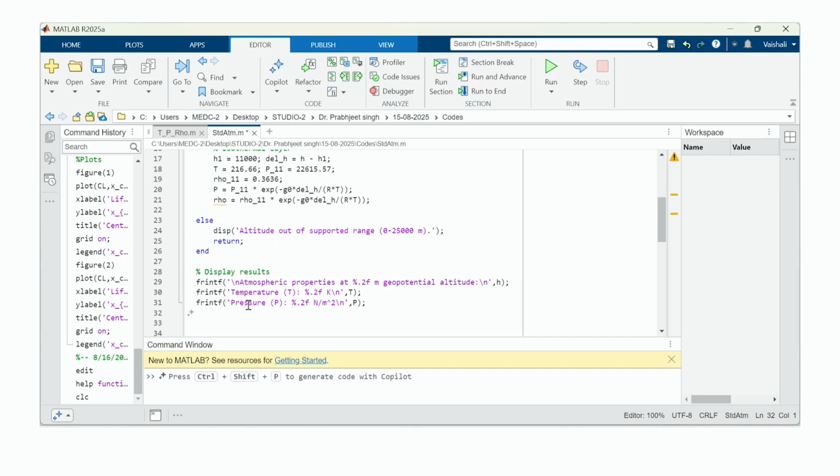And finally density, rho. Let me take it to 4 decimals: 0.4f, kilogram per meter cube, new line, and what is the value? Rho.